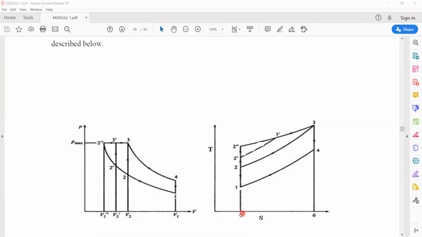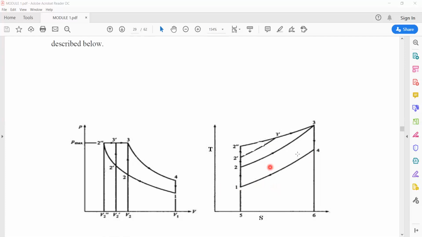Next, 5 2 dash 3 dash 3 6 5 gives the heat supplied to the dual cycle. Similarly, 5 2 double dash 3 6 5 gives the heat supplied to the diesel cycle.